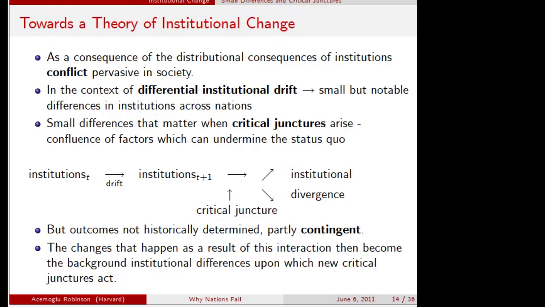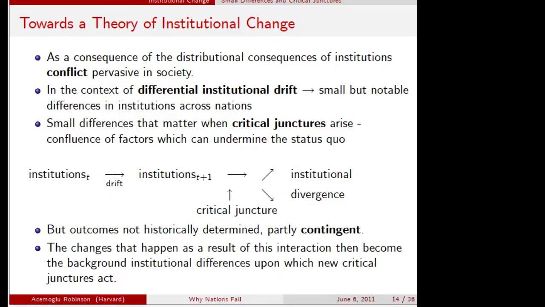Now let's talk about the theory of institutional change. How do institutions actually change? How do they ever change? Because if vicious circles are so strong, poverty is so prevalent, and powerful elites resist change so effectively, how did we ever get inclusive institutions anywhere in the world?